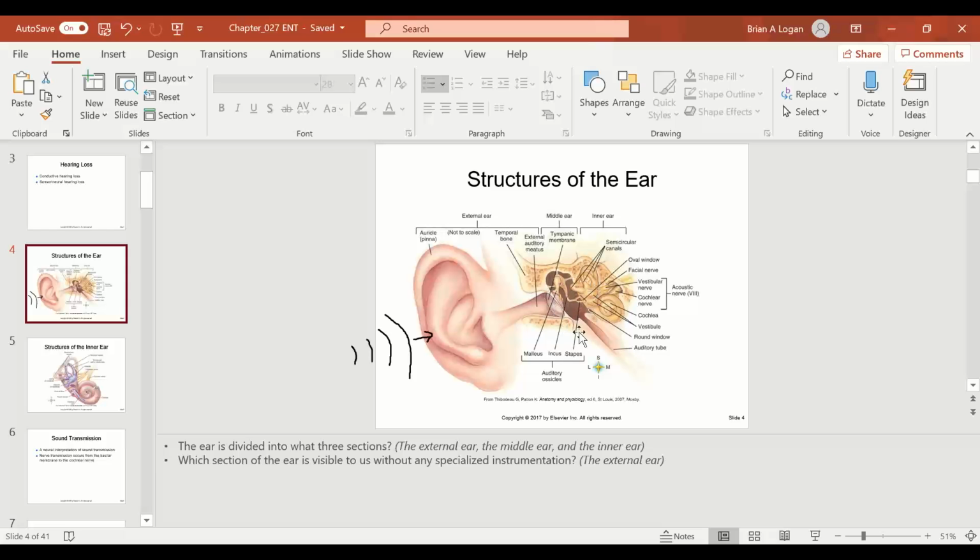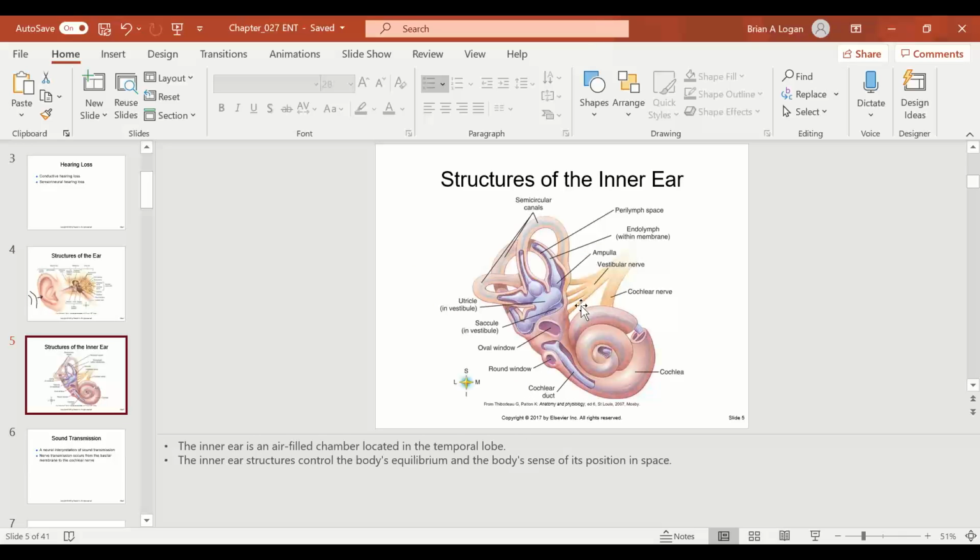But that's conductive hearing loss. And here would be a sensorineural loss. Something's happened to the nerve or to the cochlea. And this would require a cochlear implant. They would actually drill down through the mastoid bone and put a probe right up here against the nerve.